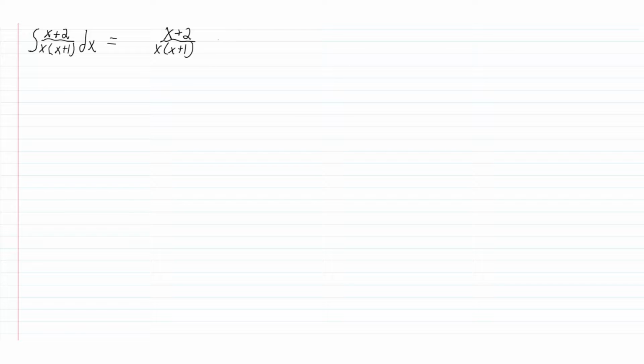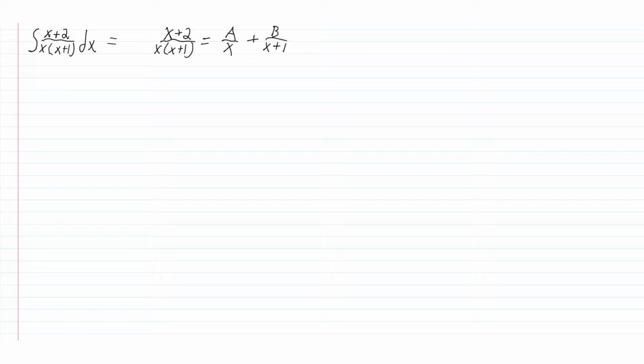We're going to start by writing out our equation, and then we're going to set it equal to A over our first factor in the denominator plus B over the second factor.